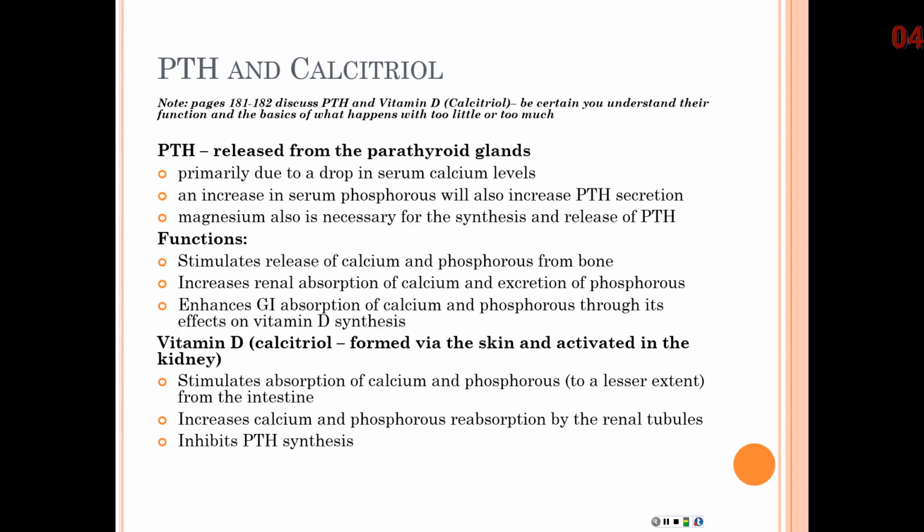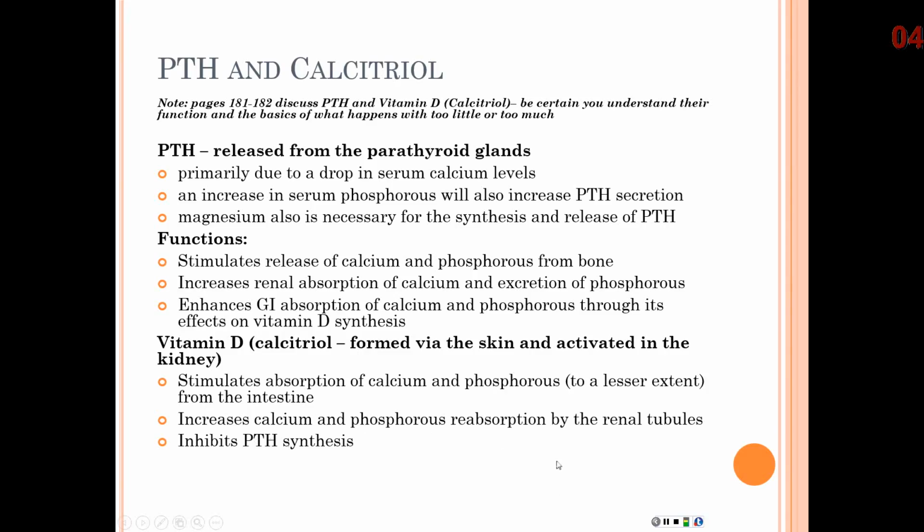Calcitriol, the active form of vitamin D, has several effects on the intestines, the kidneys, and the bone that will increase the levels of calcium and phosphorus. Now, calcium's a bigger deal than the phosphorus, but they will both be increased in their absorption. It is the vitamin D that allows us to help maintain phosphorus levels, so that promotes reabsorption.